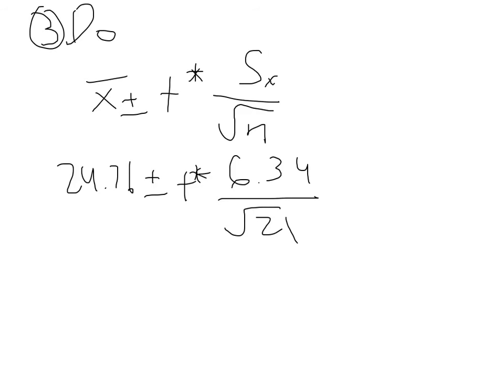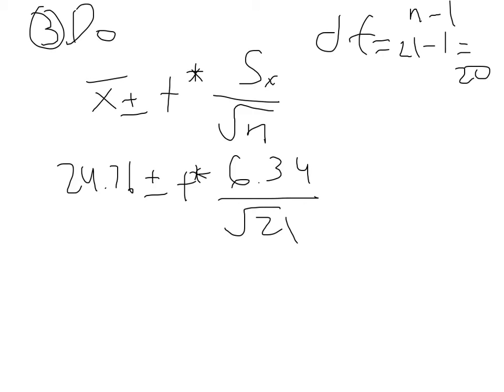And now when we actually get the t star, we first have to find the degrees of freedom, which you always need to show in all your problems, which is the sample size, n minus 1. So in this scenario, it's 21 minus 1, which equals 20.